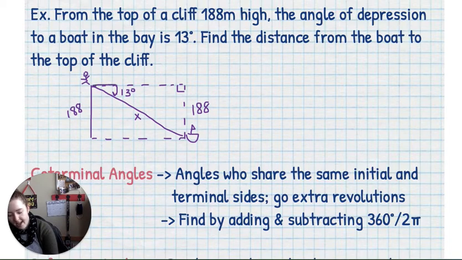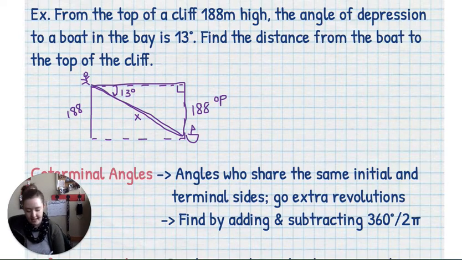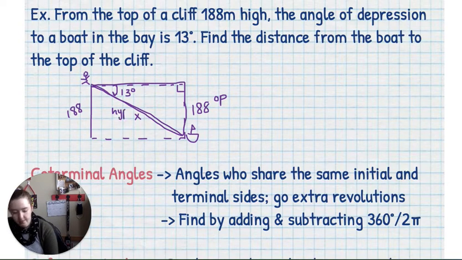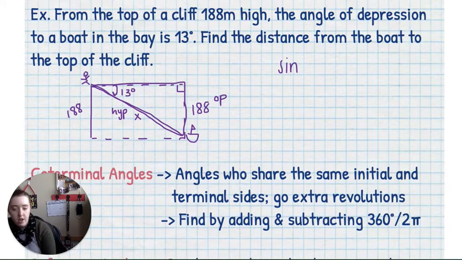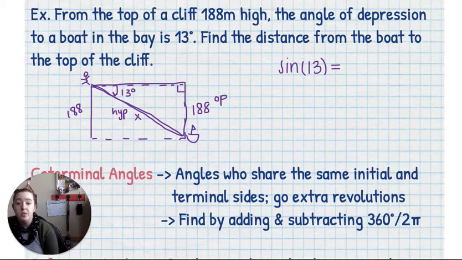So now I have this triangle with an opposite side of 188 and a hypotenuse of x. Cool. So since I have opposite and hypotenuse, that means I'm going to use sine. So sine of my angle, 13, equals opposite over hypotenuse, so 188 over x.